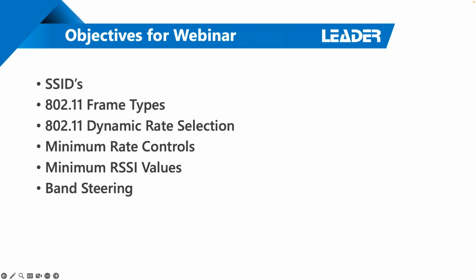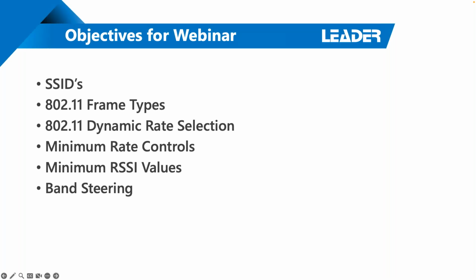So with that, we can do a quick overview of the objective for today's webinar. We're going to take a look at SSIDs and how they influence client roaming behavior, as well as association and deassociation. We're going to take a look at 802.11 frame types and 802.11 dynamic rate selection. I'm sure I heard a few yawns through the screen at that, but I promise you it's not as boring as it sounds.